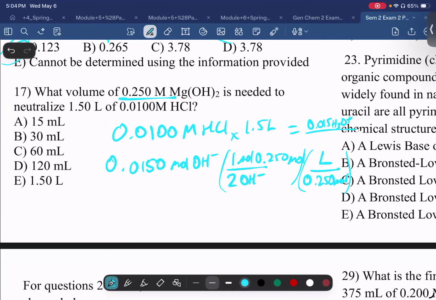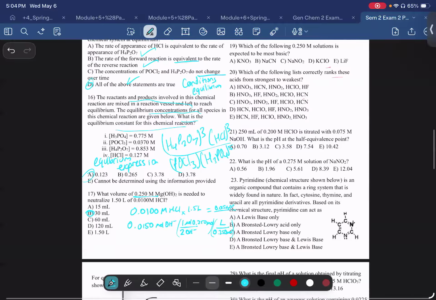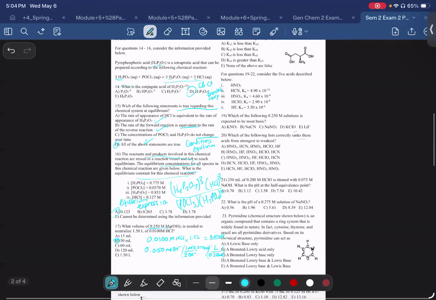Or the moles of hydronium or the moles of hydroxide first? Once I figure that out, I use it to figure out the next steps. So I solve for that: 1.5 divided by 2, and then divide by 0.25. And I got a value of 30 mL, right? So that's 17. Does anyone have any questions about that or anything that we just went over?